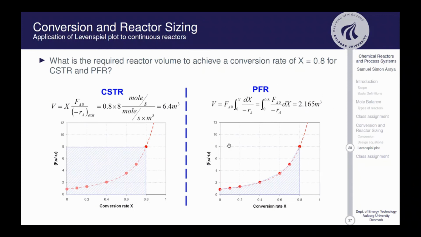So if we want to run the reaction in a tube along its axis, we will take care of this reaction in a much smaller volume than we would in a CSTR.